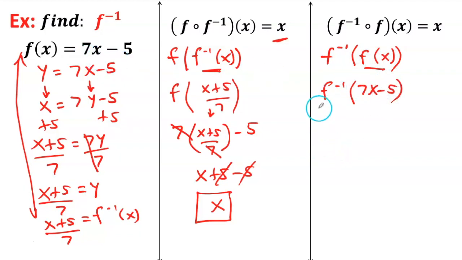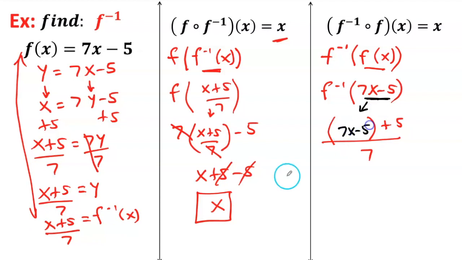And now my outside function is the inverse, and the inverse is x plus 5 over 7. In this parenthesis will go whatever I have in my previous parenthesis, which is 7x minus 5.